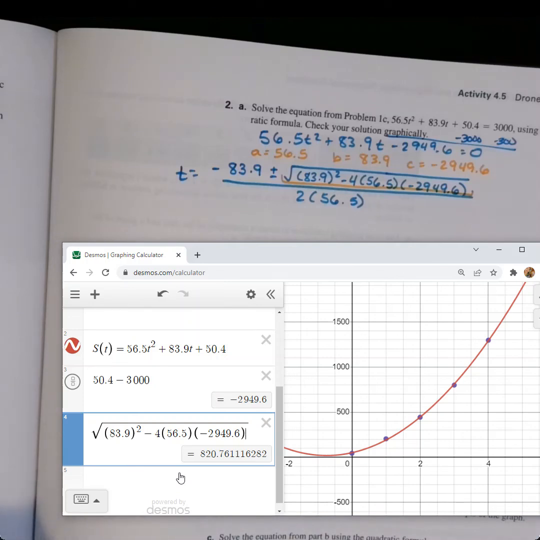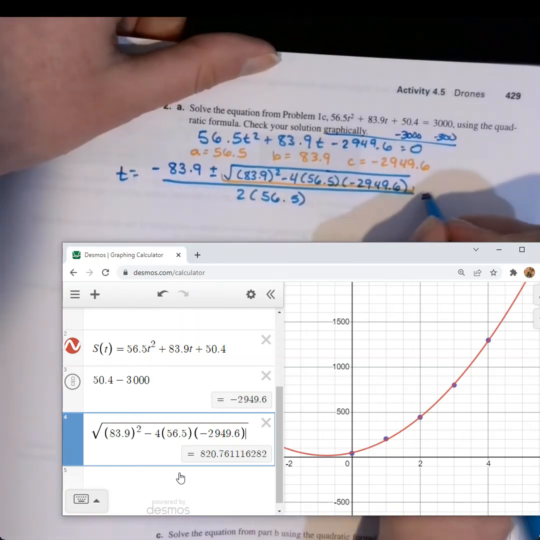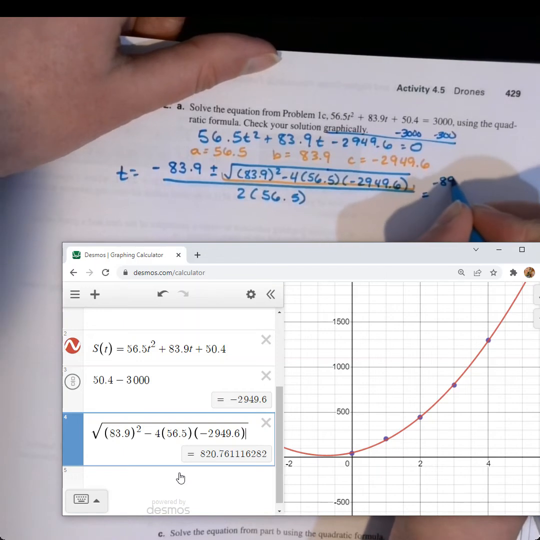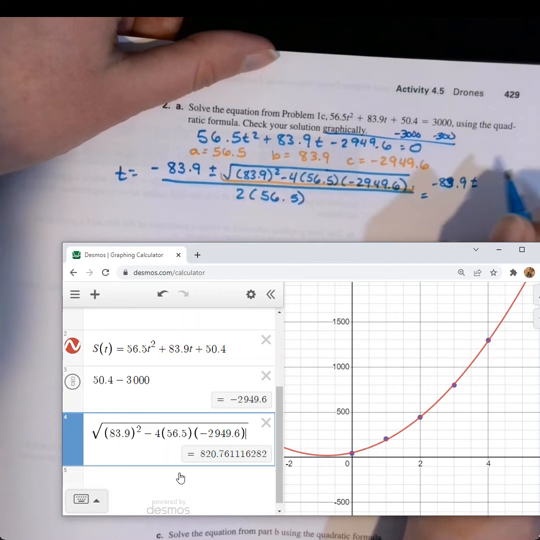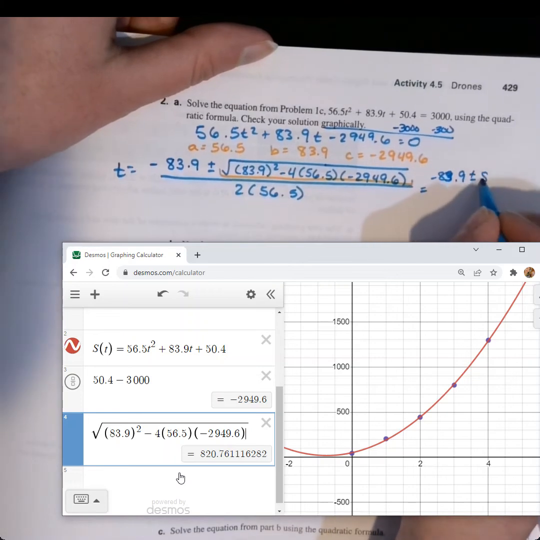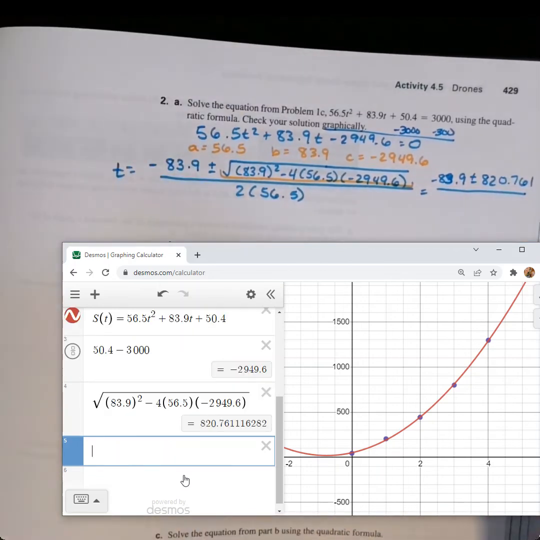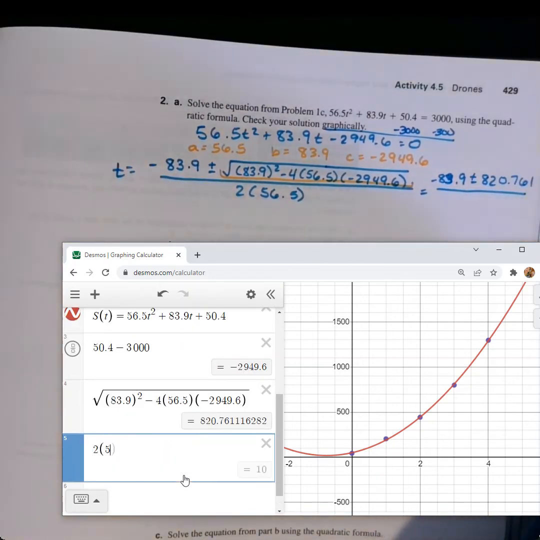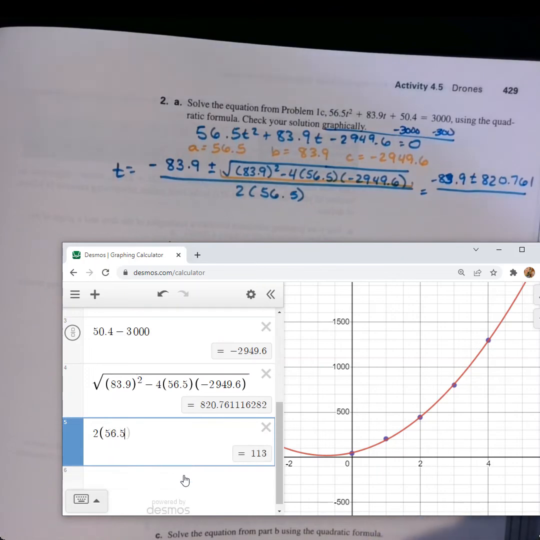So currently I have negative 83.9 plus or minus 820.761 divided by, and 2 times 56.5 is 113.